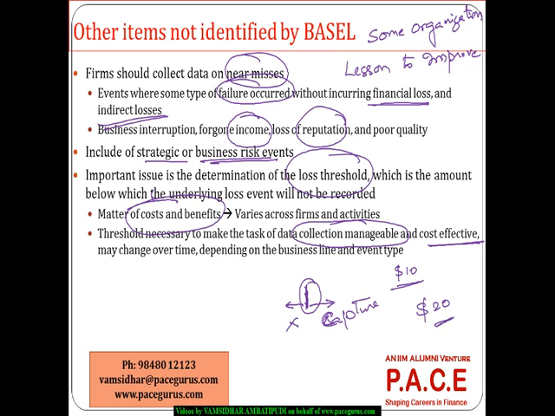It should depend on the business line, the event type, the different kinds of activities. All these things should come into the picture. Threshold definition is one important aspect of internal data which is not a requirement of Basel, but it is definitely going to improve the operational risk management process internally.